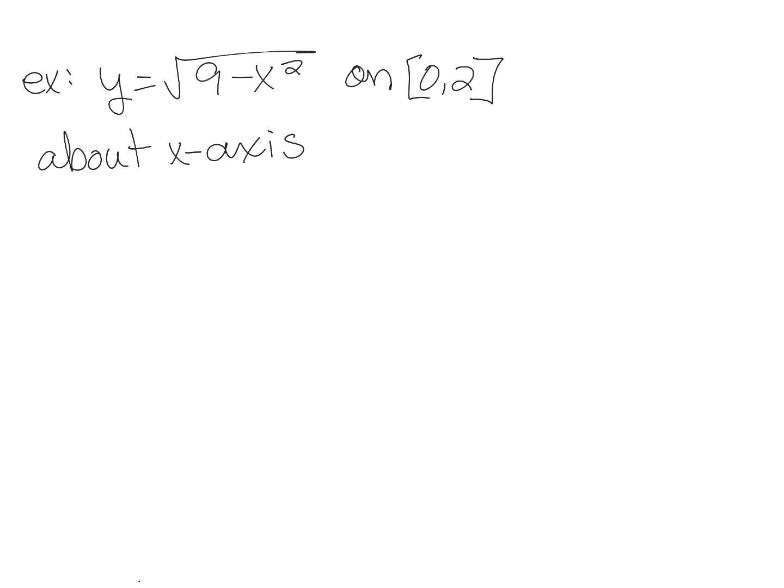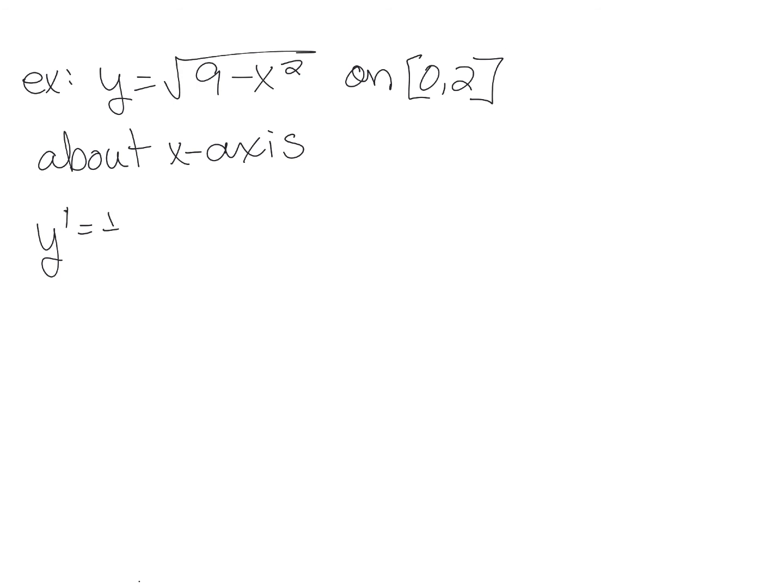Okay, let's try this one. It's the same function, but now we've got the square root of it on a little bit of a different interval, and we're rotating it about the x-axis. So if we're rotating about the x-axis, then the radius is going to be the curve itself. So this one can be a little bit complicated with the algebra. We have y prime is going to be, remember, this is blob to the half.